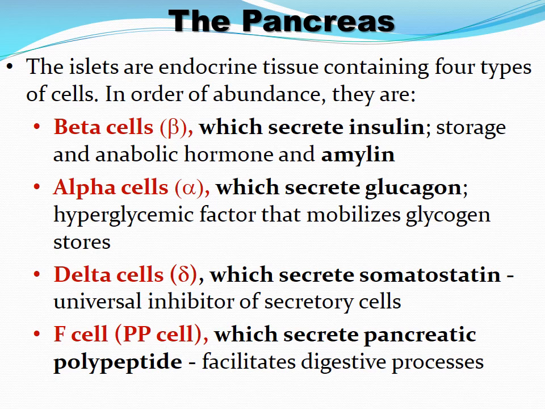Alpha cells secrete glucagon, a hyperglycemic hormone that mobilizes glycogen stores. Delta cells secrete somatostatin. F cells, or PP cells, secrete pancreatic polypeptide, which is involved in the digestive process.